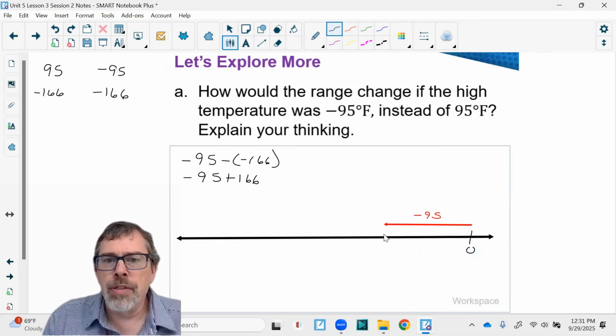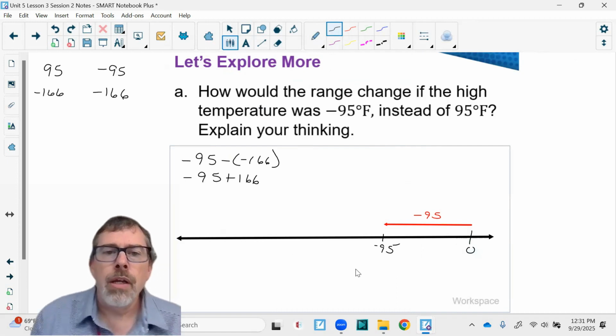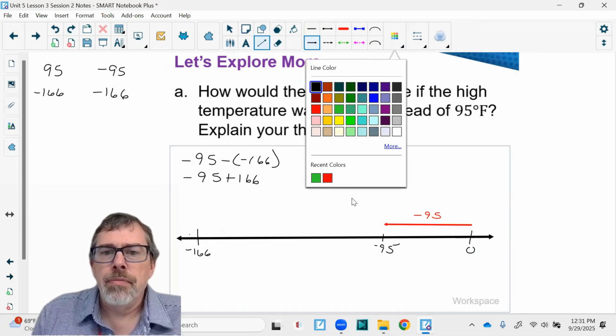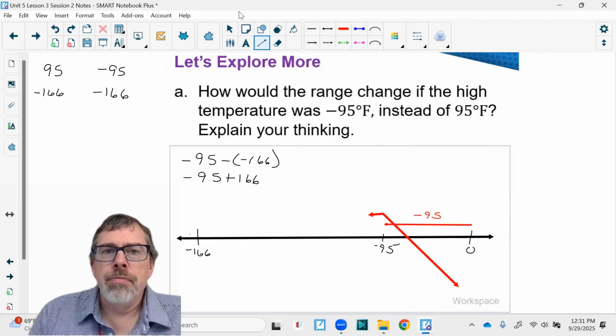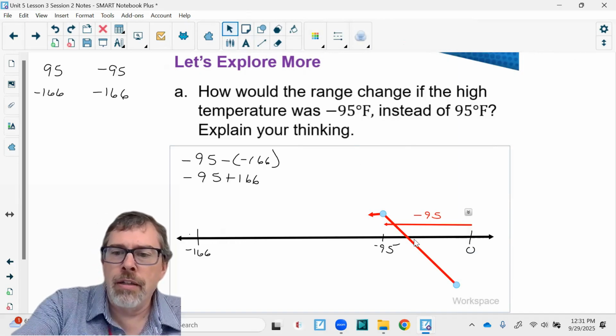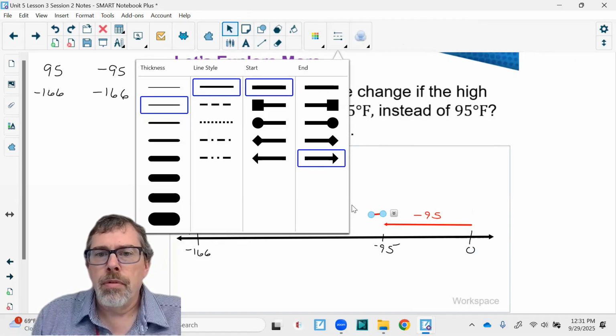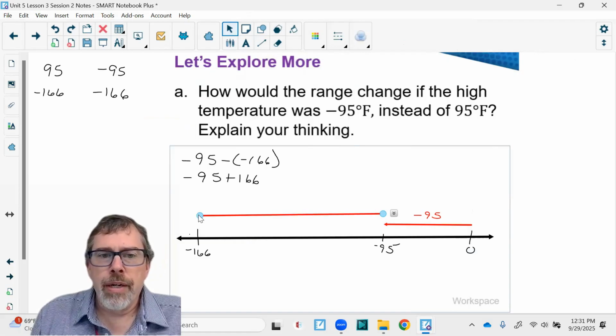Okay, so that will put us at negative 95. All right, and now we want to go down to negative 166. So that would give us another line on the number line, going down to 166.